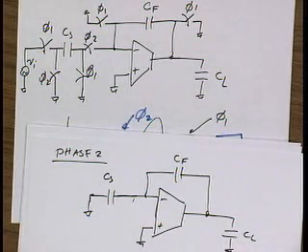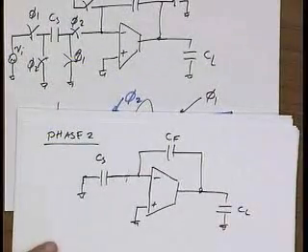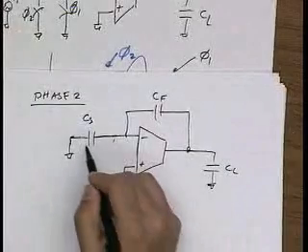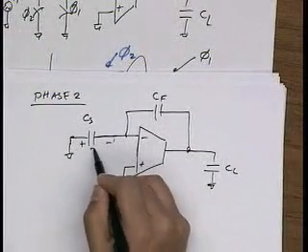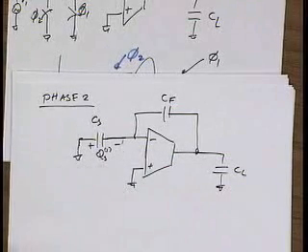So in fact, in phase 2, the circuit looks a lot like the way we want it to look, right? It looks a lot like our amplifier, except we had a charge QS at phase 1 across this capacitor.